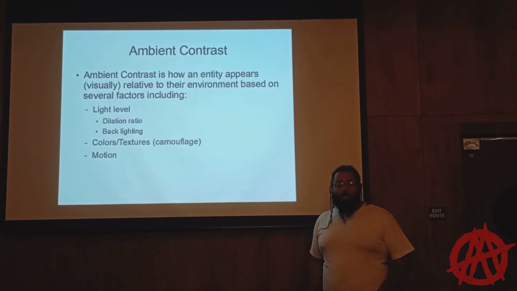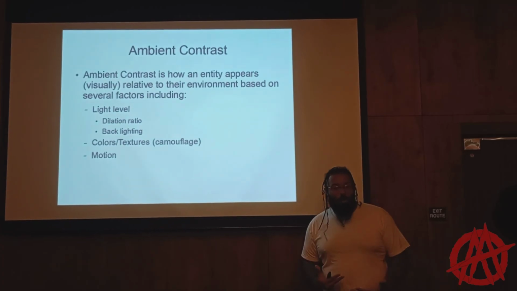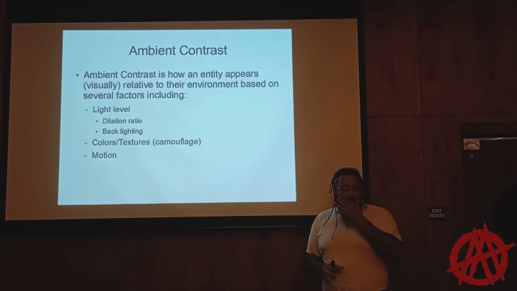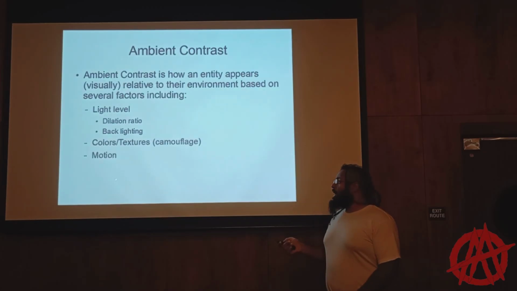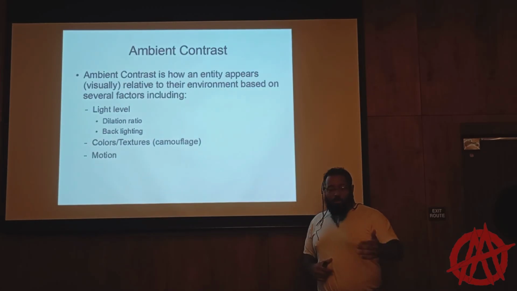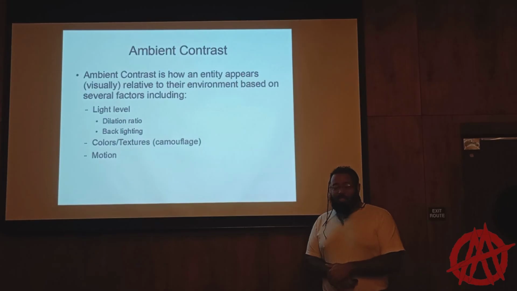But if you're in a crowd and you're wearing similar clothing to everybody else, your color and texture scheme looks the same, and you've got a good disguise, which I'll talk about later, and your motion is consistent, you're moving the same speed as everybody else with the same mannerisms, it's super hard to notice you in that crowd.